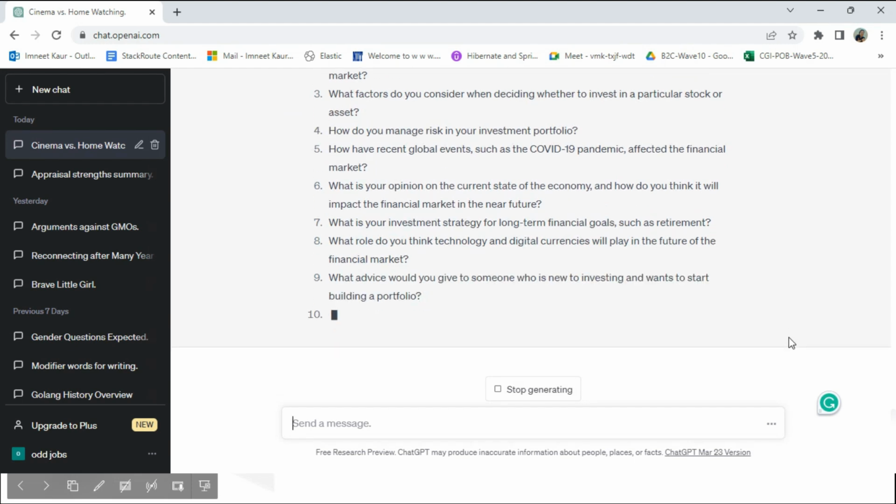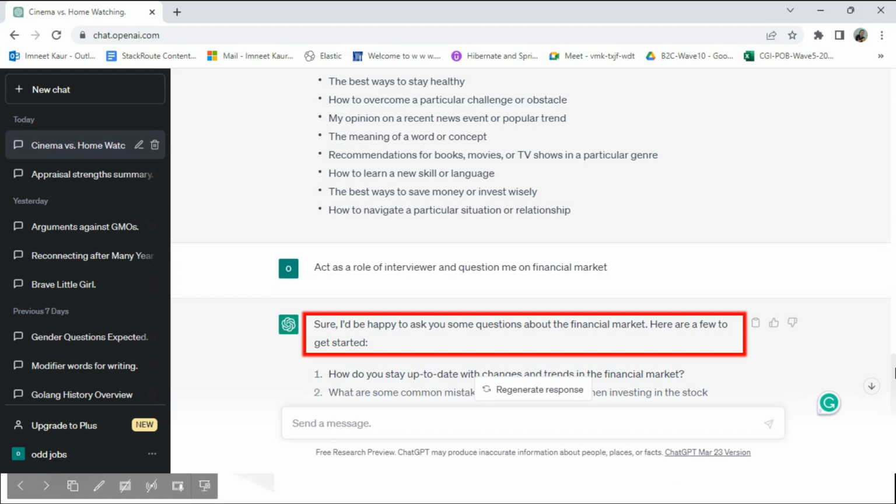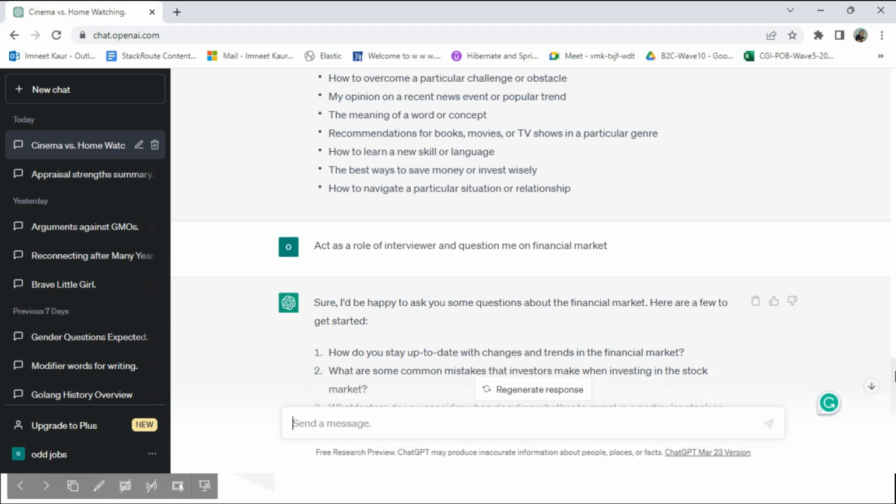You can see it has given me 10 questions which can be asked by an interviewer on the financial market. You can read all these questions.